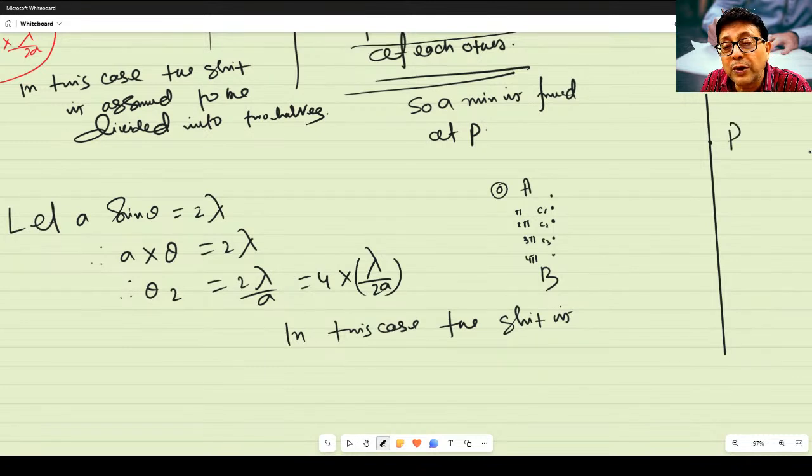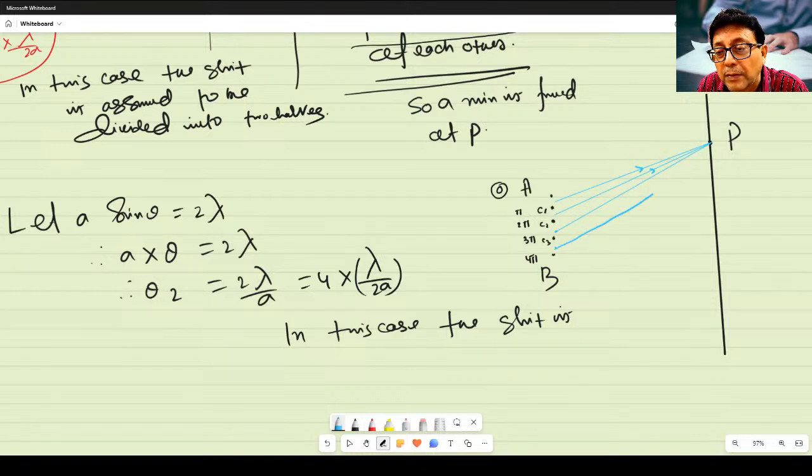Any two corresponding points of A, C1 and C1, C2, any two corresponding points of C2, C3 and C3B. This is true for any 2 points.